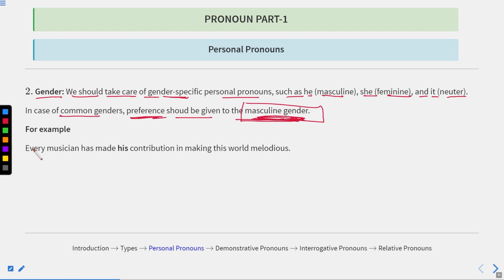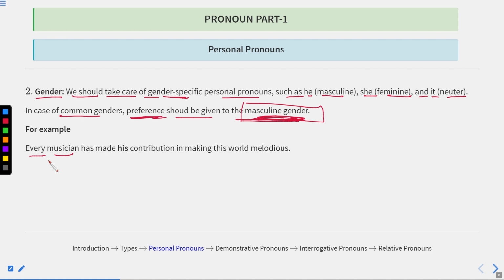Now let's have some examples. Every musician: we know well that for male musicians as well as female musicians, we use the same word, musician. Musician cannot have some other name which can be classified as feminine or masculine. Whether we are talking about a male musician or a female musician, we only use one word, that is musician.